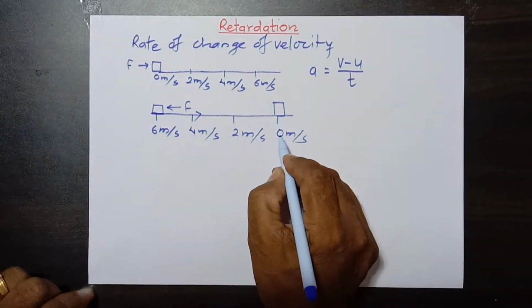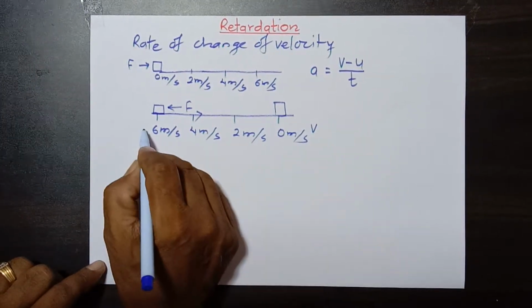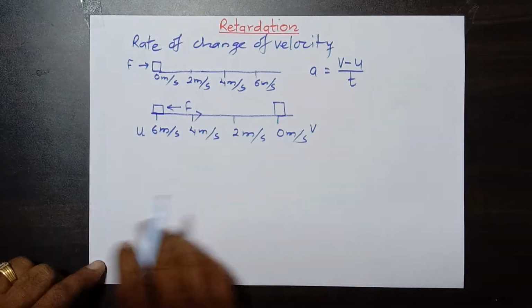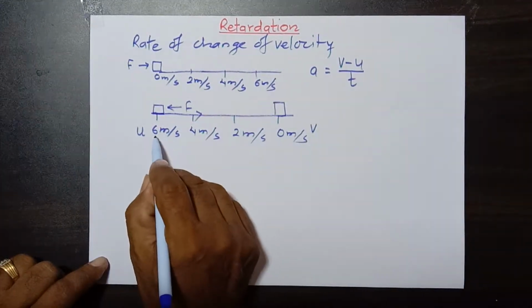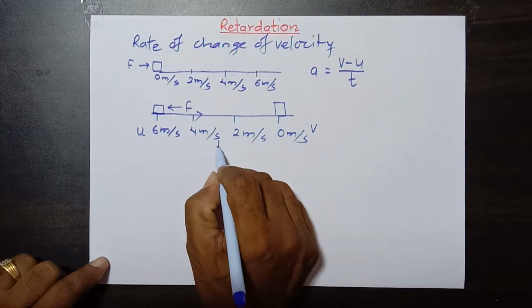Now this is the final velocity, which can be denoted by v, and this is the initial velocity, denoted by u, and the time taken to go from 6 meter per second to 0 meter per second is taken as t.